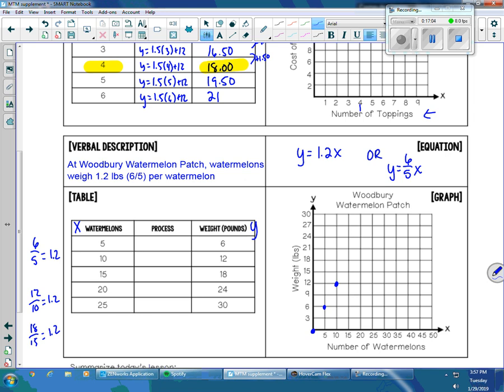Sorry, 15 watermelons is 18 pounds. 20 watermelons, 24 pounds. 25 is 30. And again, I could have just graphed a few of them and then drawn my line to get the rest of them in there because they're all going to fall on the line. Whoopsie. On my line. Okay?